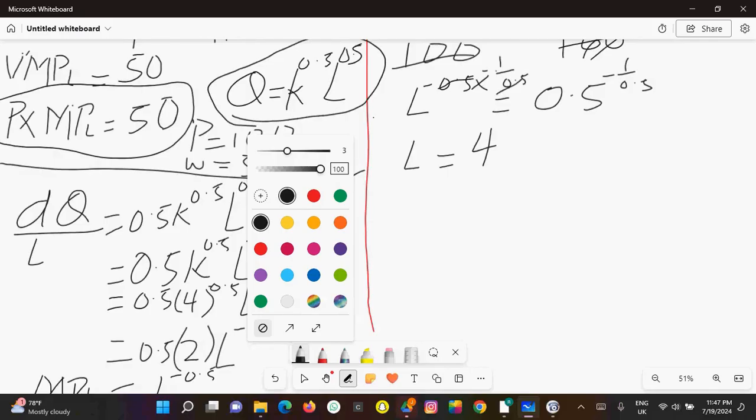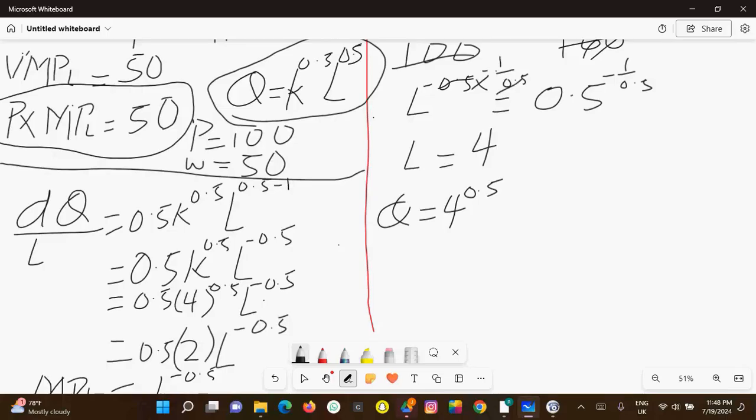So now Q is equal to K, which we know to be 4, raised to the power 0.5. Now L is also 4, raised to the power 0.5, right? So now this is going to give us 2 times 2, right? And then it's equal to 4. So Q, the profit maximizing level of output, is what? 4. Right, so we are getting Q is equal to 4.